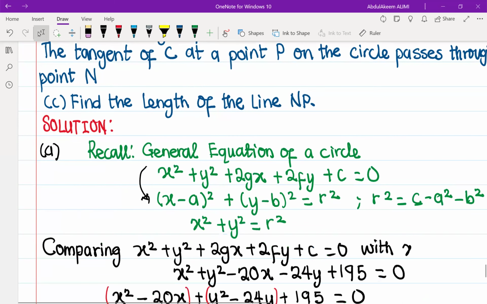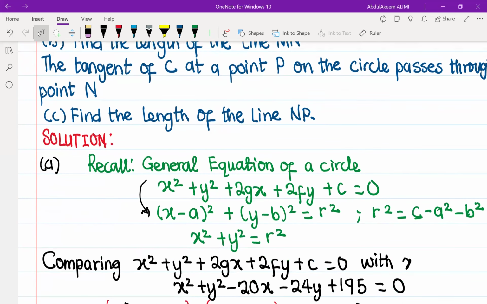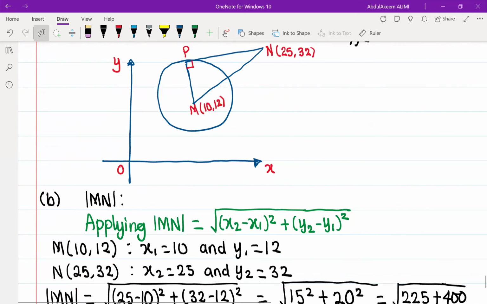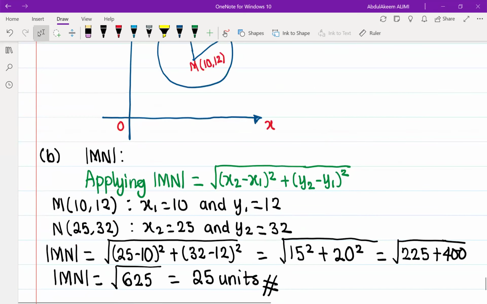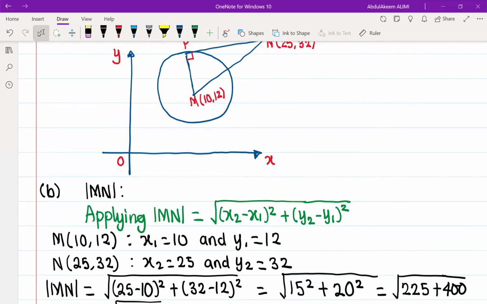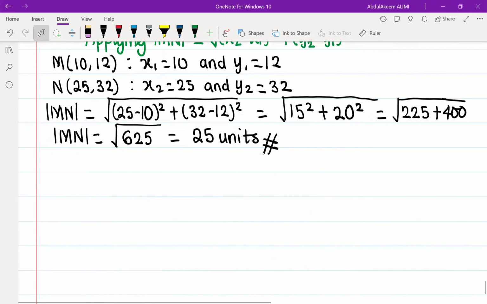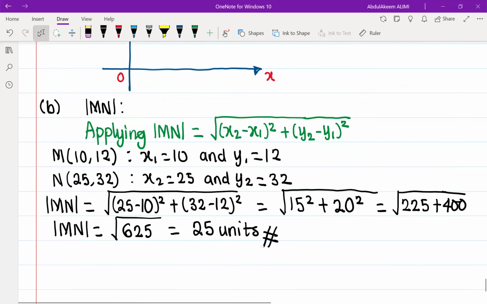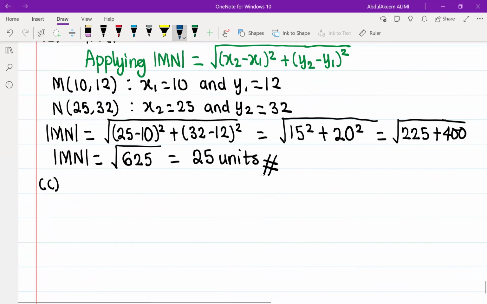So if you look at the tangent of C at a point P on the circle passes through point N. And if you look at the diagram we have here, a right angle triangle has been gotten here. So what do we do here now? Let's draw it out. I have my triangle here.